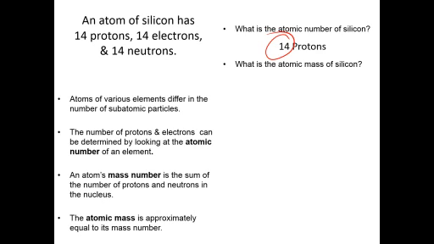What about the atomic mass? The atomic mass is protons plus neutrons. So 14 protons and 14 neutrons gives you an atomic mass of 28.